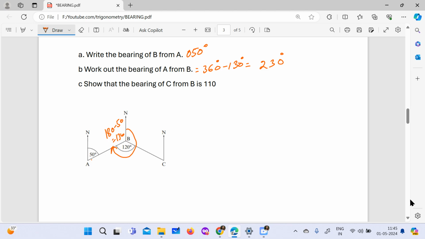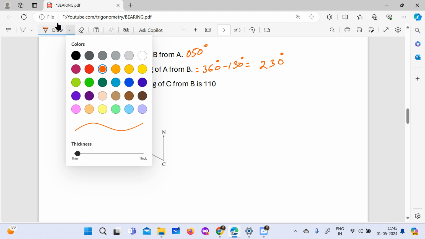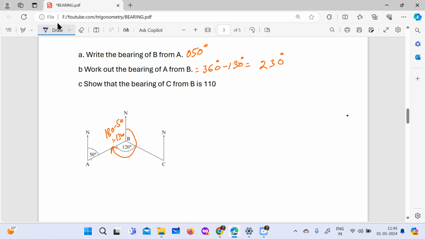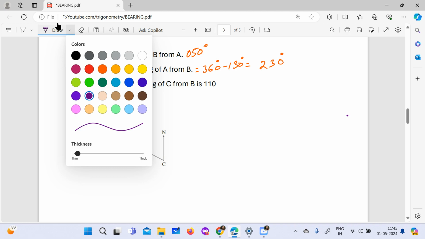Now the next part of the question is show that the bearing of C from B is 110. It means bearing of C from B. So this refers to this part, this thing, bearing of C from B. We have to show that this is 110. This we can prove easily, no problem.